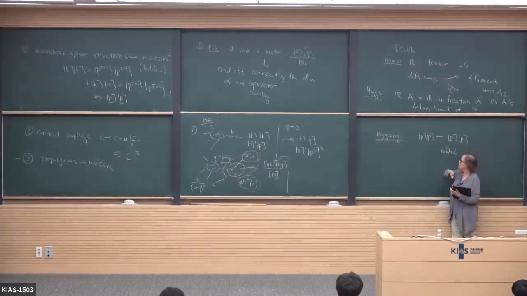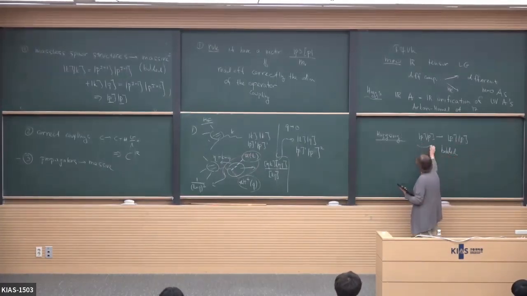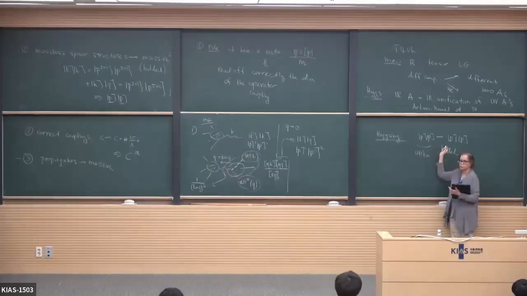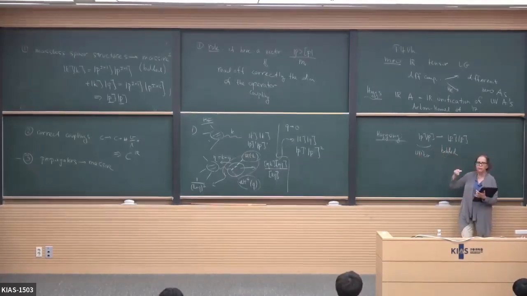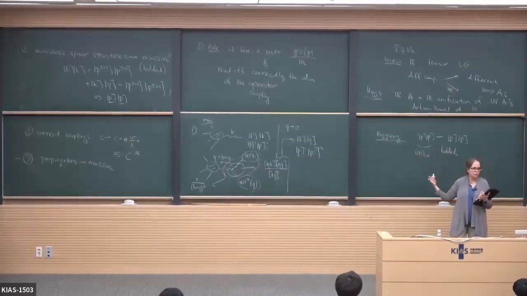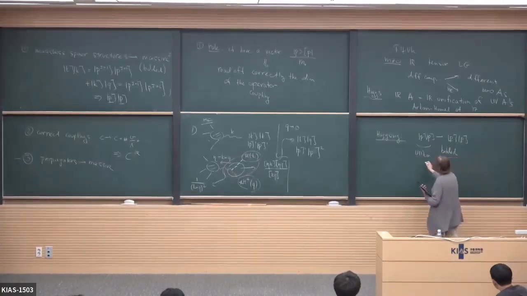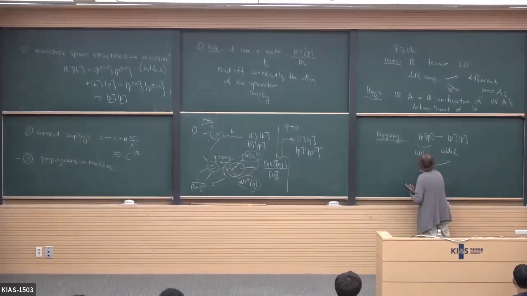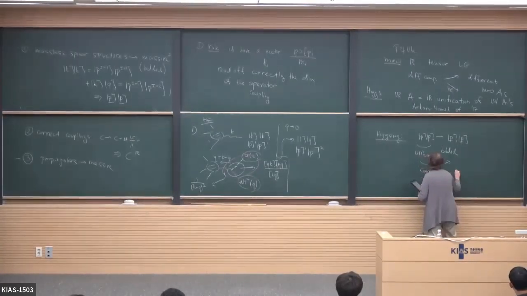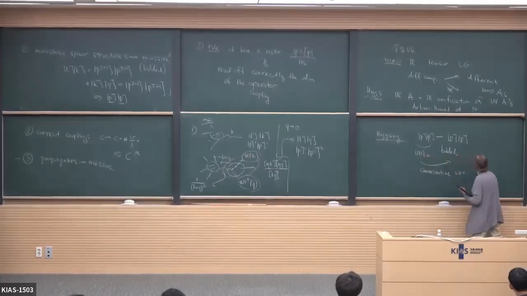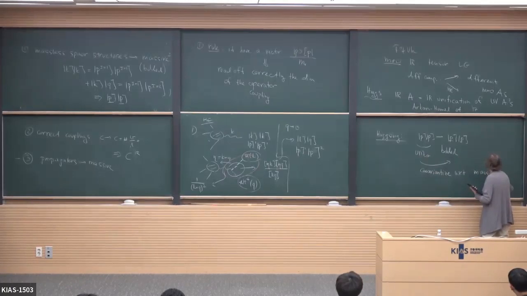So essentially what's happening is that this one is transforming under the U1 little group. But now if I want to make it massive, I need to make it covariant under the massive little group, which is SU2. So what's really happening here is that we're covariantizing with respect to the massive little group, which is SU2.